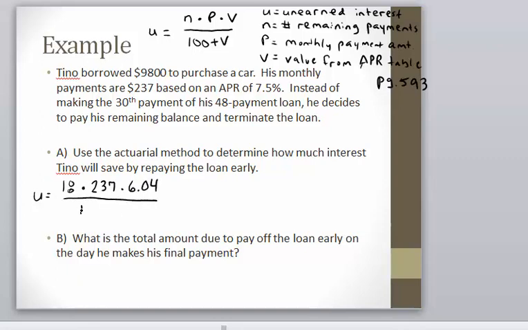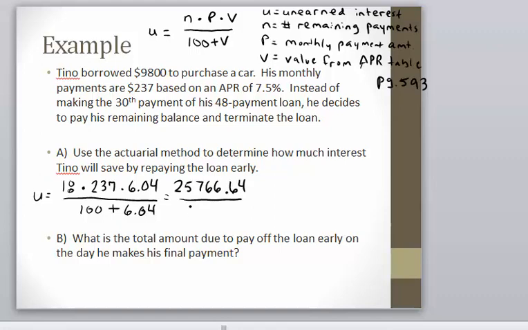For the denominator, we'll have 100, which is a fixed value, plus the V value again, so plus 6.04. Now, when we calculate this, on the top, we're going to have 18 times 237 times 6.04. That's going to give me 25,766.64.